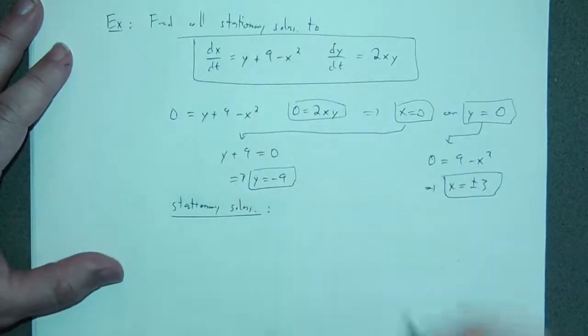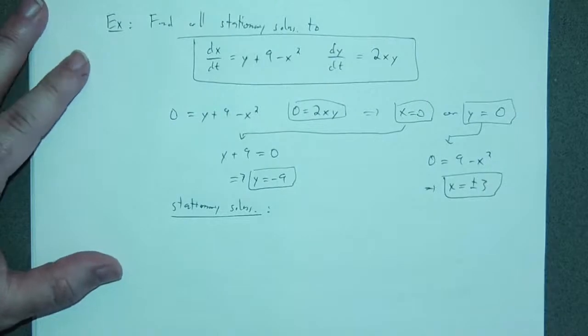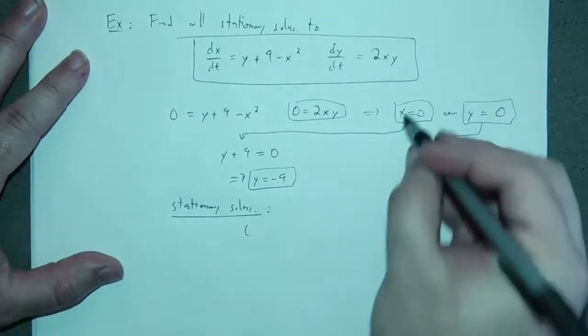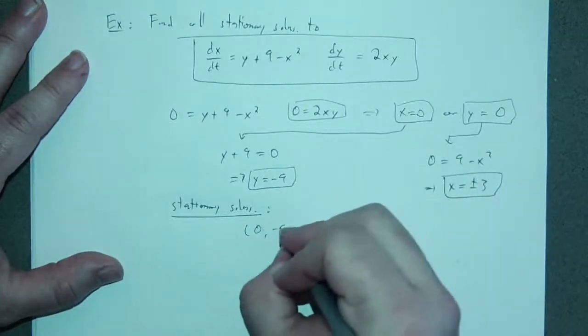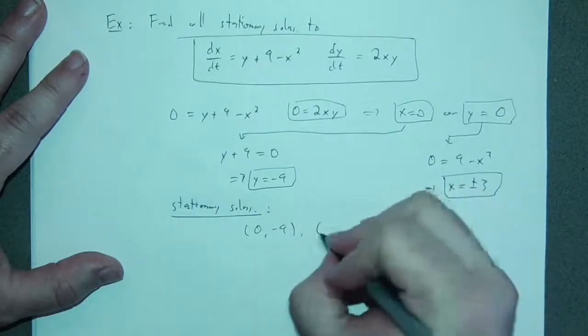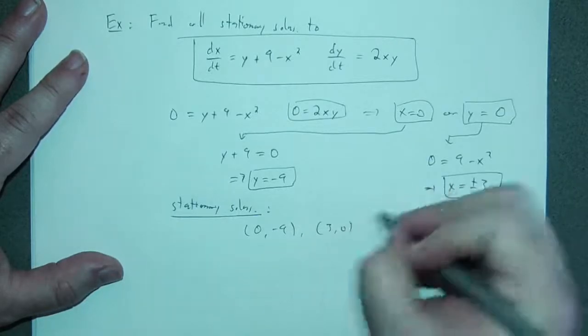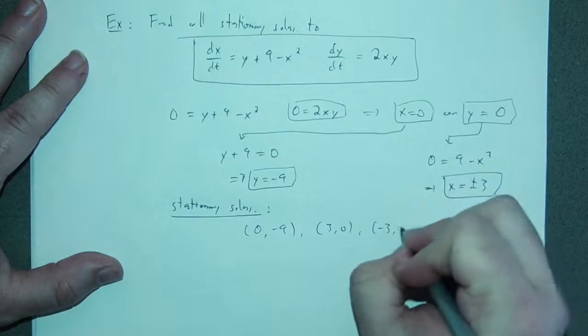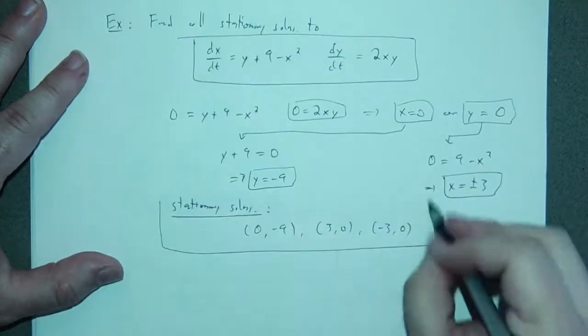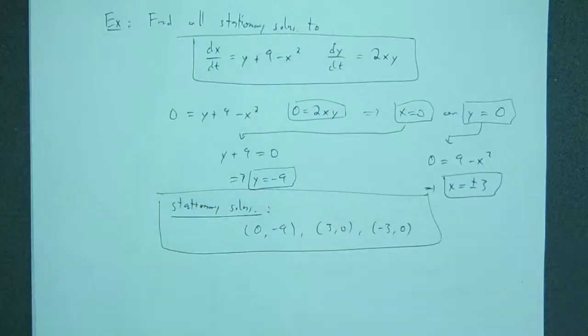So what are my stationary solutions here? Stationary solutions are (0, minus 9), (3, 0), and (minus 3, 0). Okay.